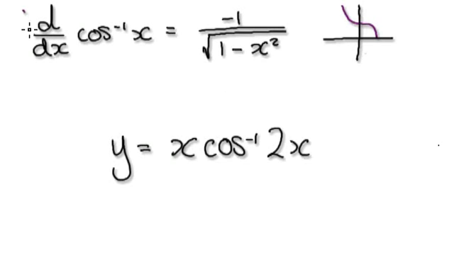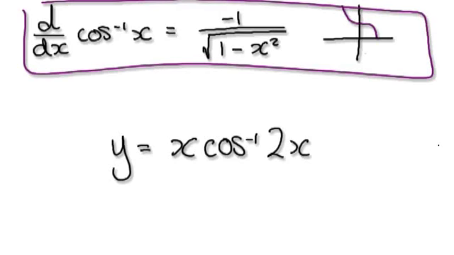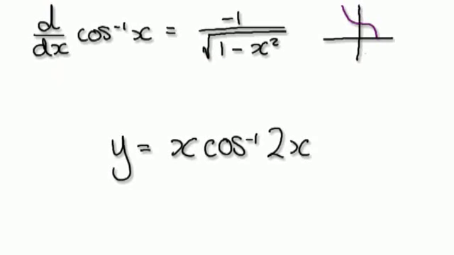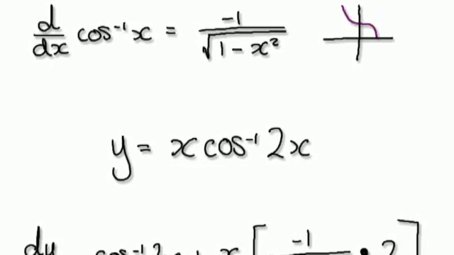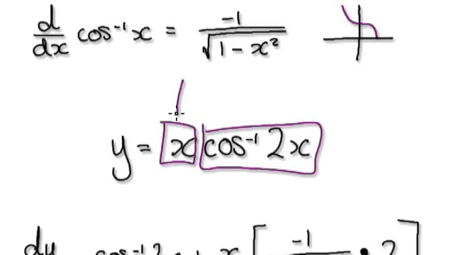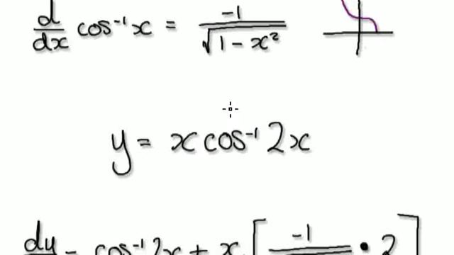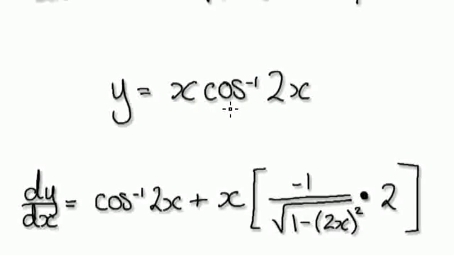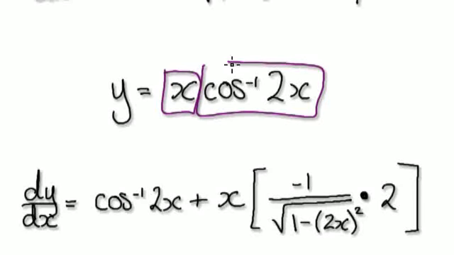Okay, so to do this here, you know you've got to use this here. If you visualize it as one block multiplying this block here, you know you've got to differentiate this, leave this the same, and then later leave this the same, differentiate this. So the first step is differentiate this, leave this the same.